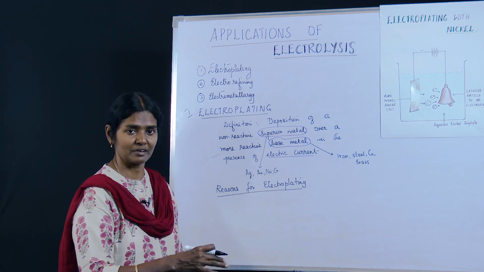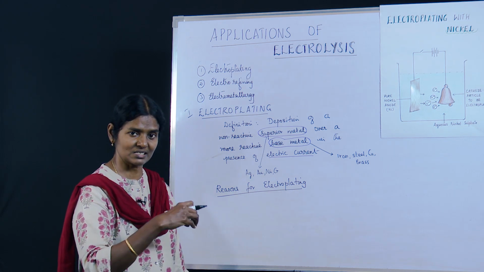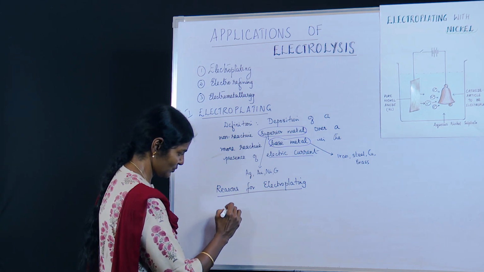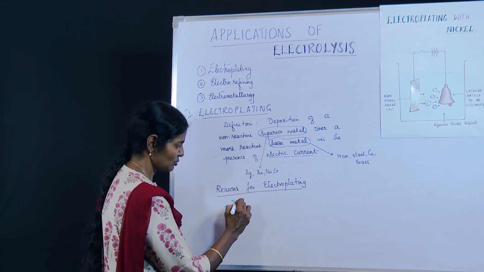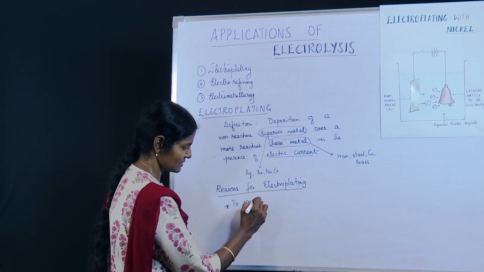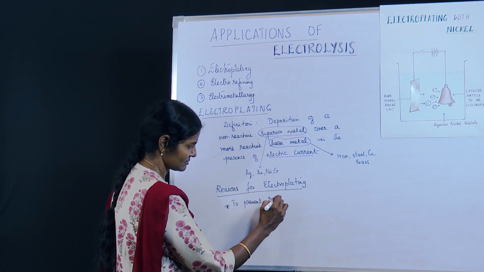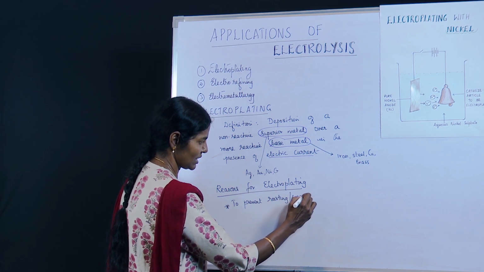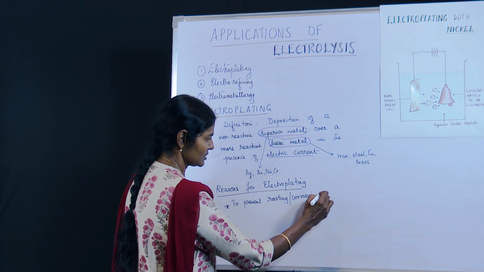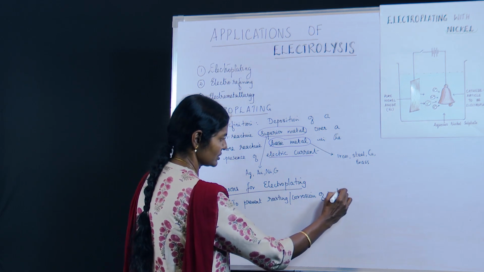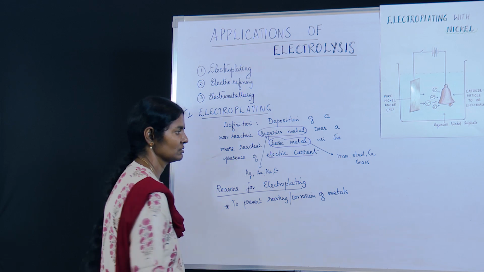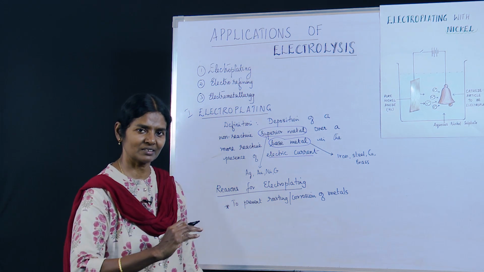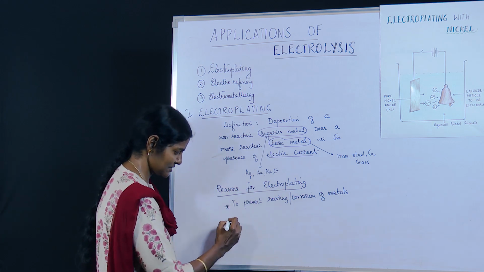So to prevent rusting and corrosion of metals, that's the main thing we do electroplating. Whenever a base metal is coated with metals like nickel or chromium, it can prevent that from rusting.